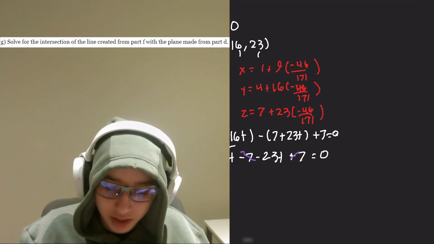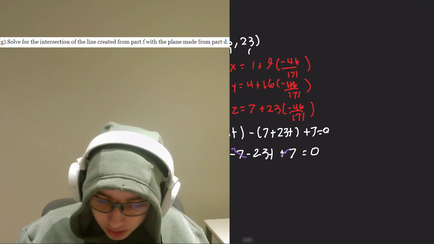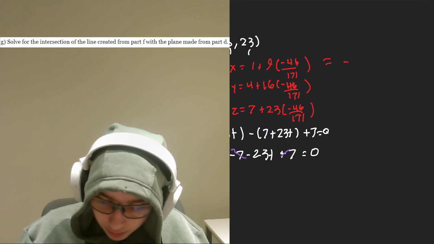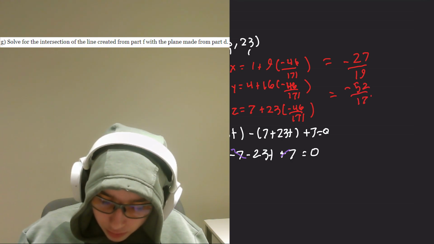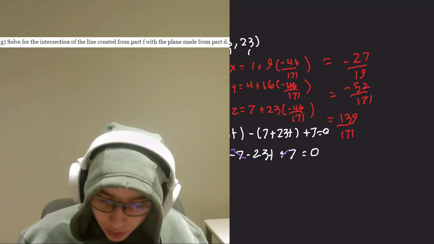Alright, so I'm not going to bore you through these calculations, I'll just perform them for you. And this gives us our x value as negative 27 over 19, our y value as negative 52 over 171, and our z value as 139 over 171.